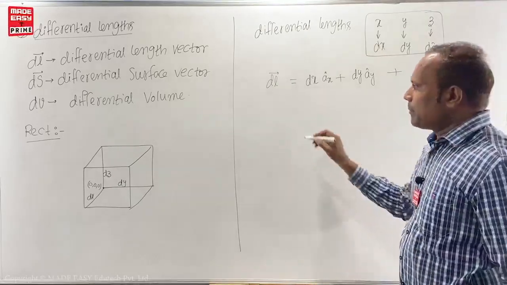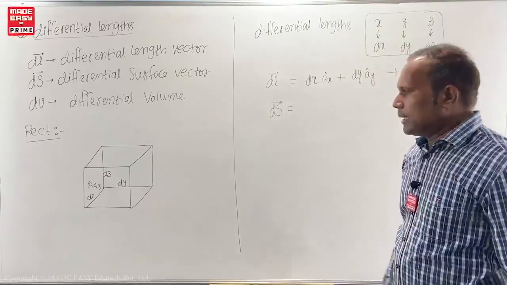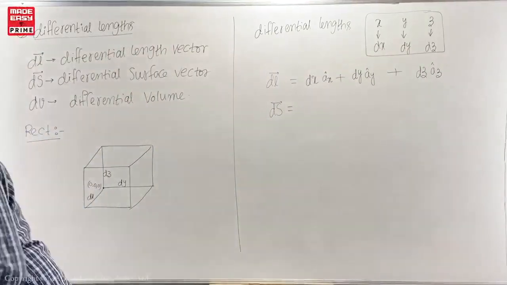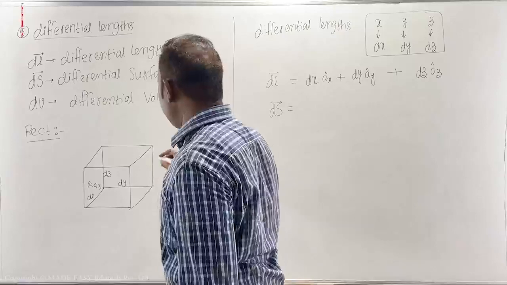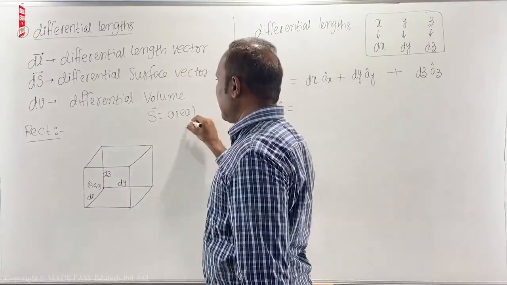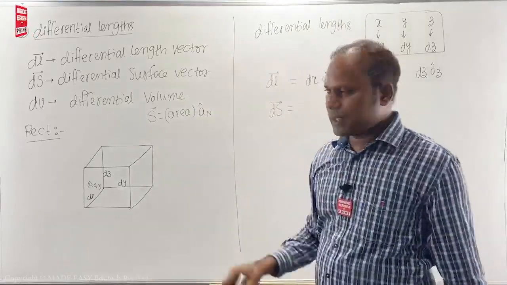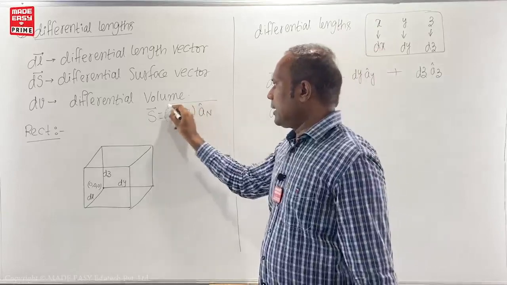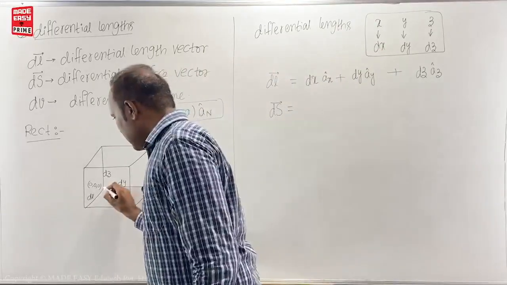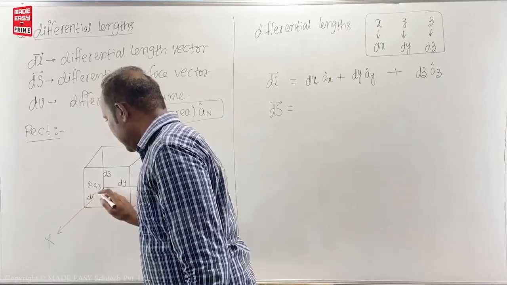For example, we will write the ds bar equation. So here, dear students, already we have discussed what the surface vector is. Surface vector is defined as the area of the surface and then the normal unit vector to the surface in the outward direction. I already told you to remember this. Now, for example, this is the x-axis and this is dx.